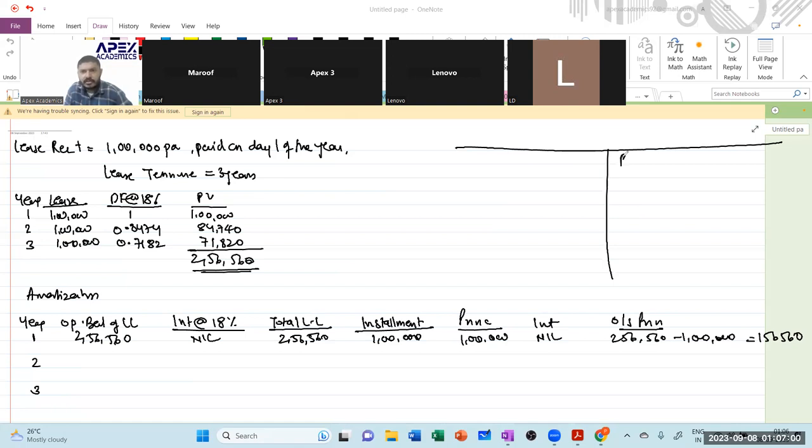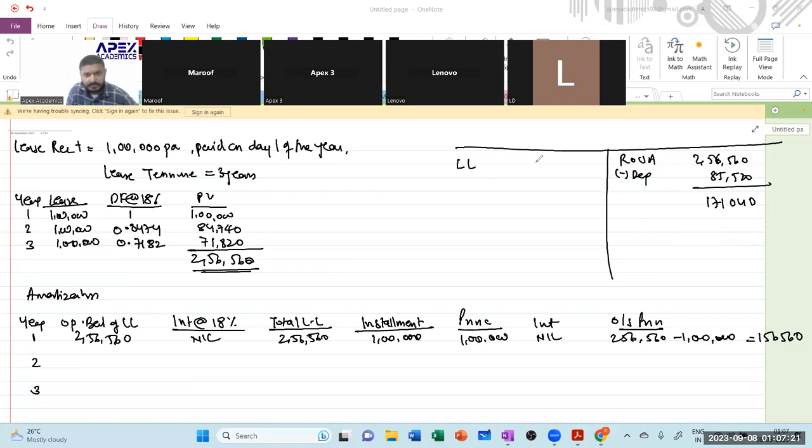Balance sheet. Right of use asset 256,560, minus depreciation divided by 3, 85,520. Okay. 171,040.